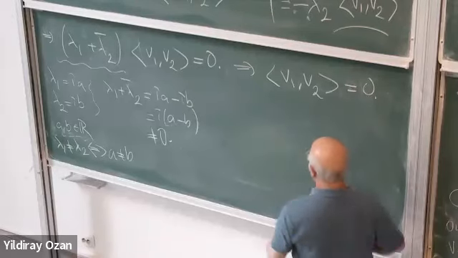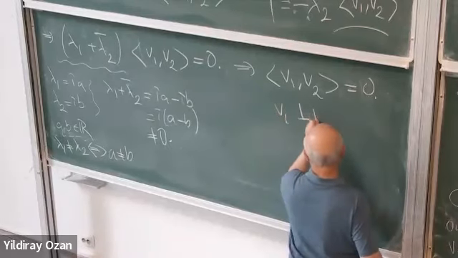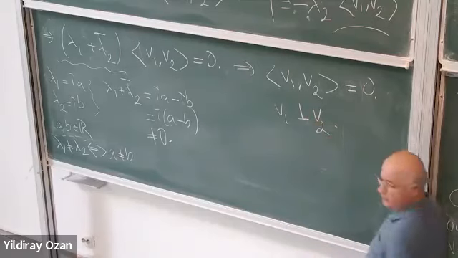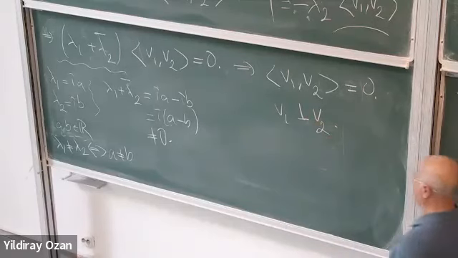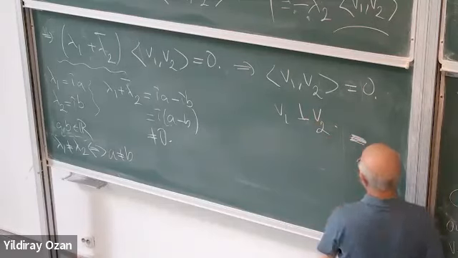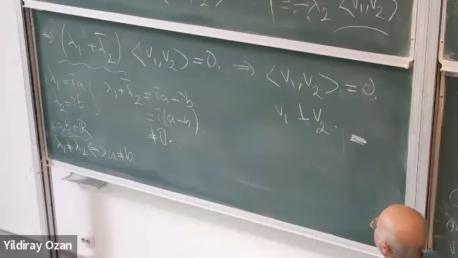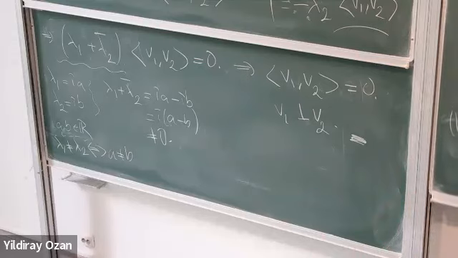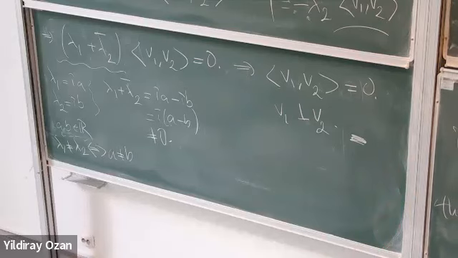So that implies this complex number is 0. So this means V1 is orthogonal to V2 in this inner product, the Hermitian product. Okay? Peki. What did we see?